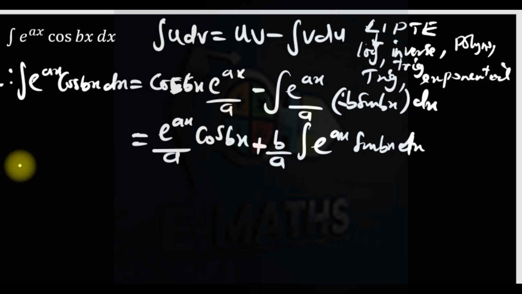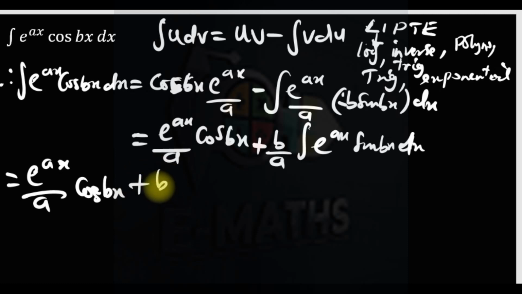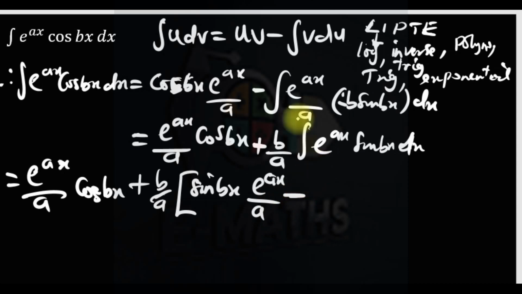So we have that this is equal to e raised to power ax over a cos bx plus b over a times, applying integration by parts again: u is sine bx, and v is e raised to power ax over a, minus the integral of v du.